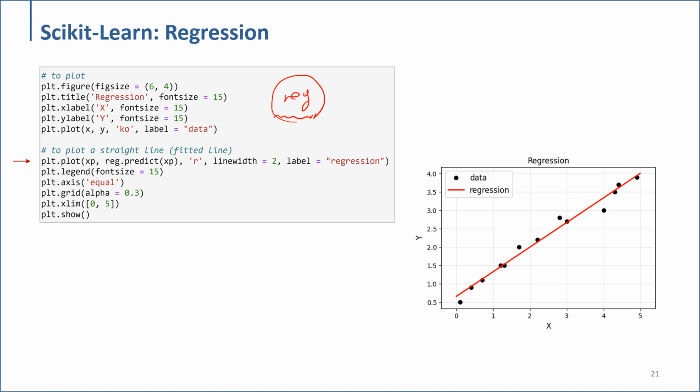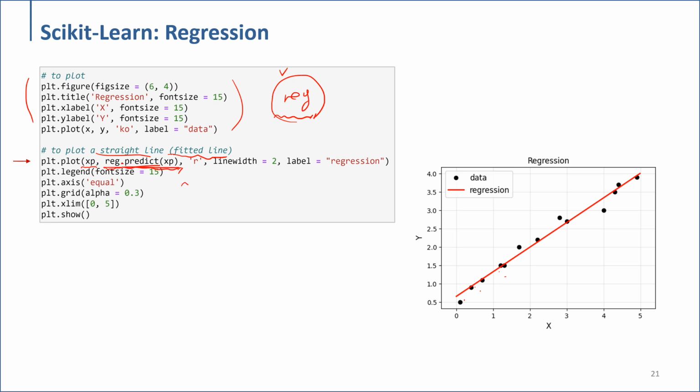So let's plot this result calculated from scikit-learn. These are the basic code for just plotting our original data. And let's plot a straight line, the fitted line that is saved in this reg variable. For that, we need to first create new data for xp, and the result can be predicted using reg.predict.